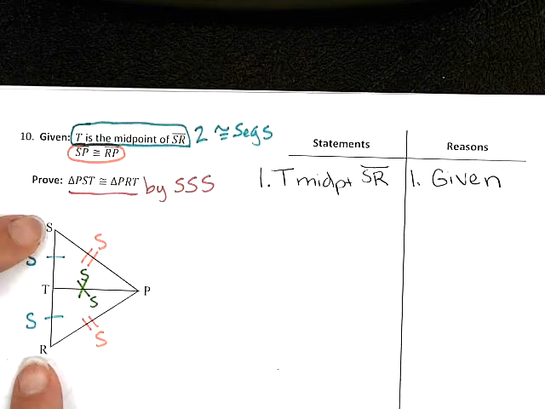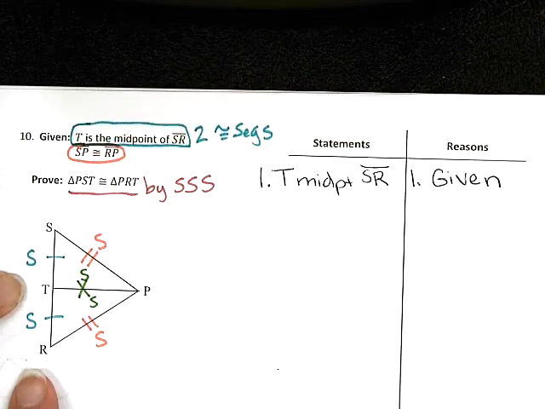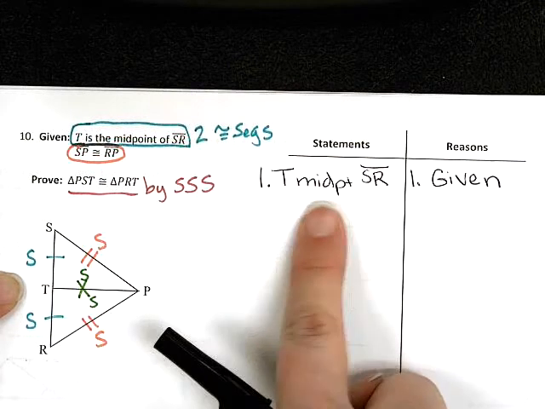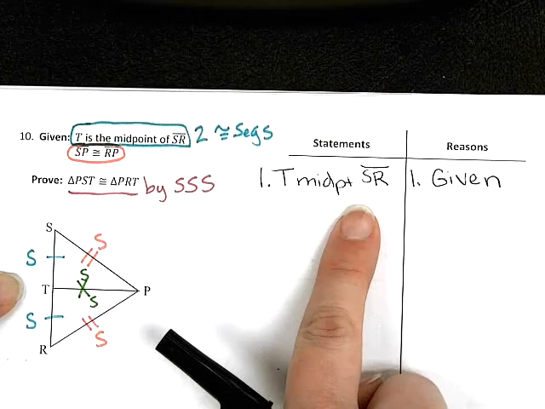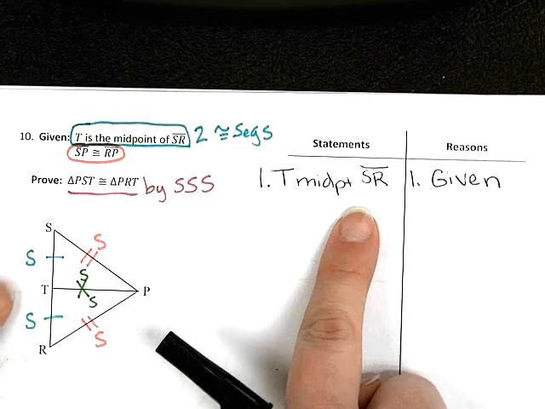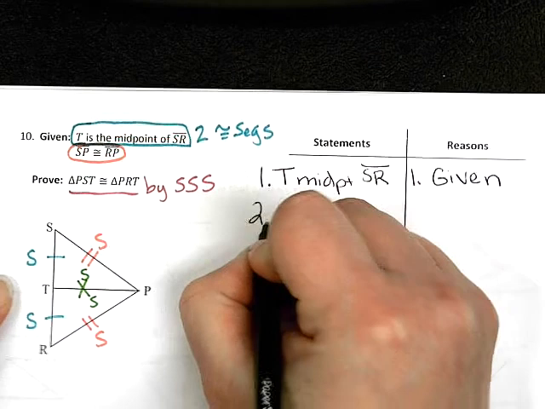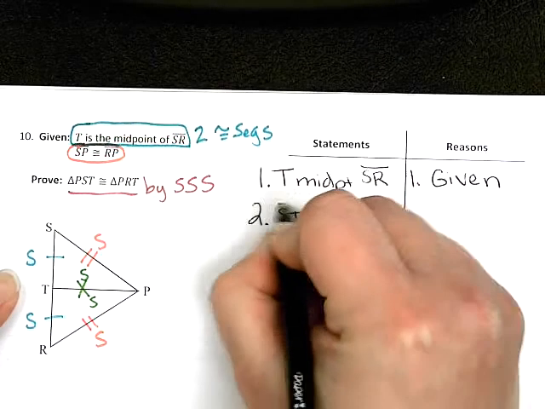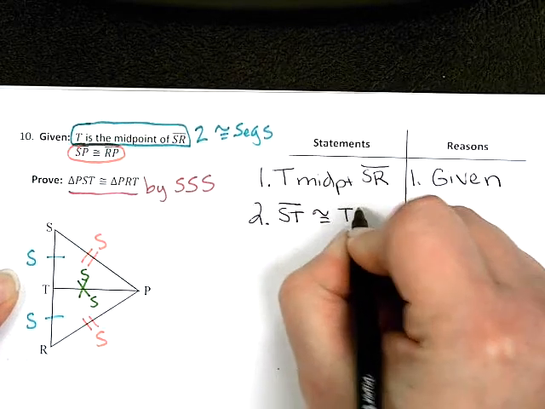We marked that ST is congruent to TR. So before I even write my other given, I'm going to write that. Because T being the midpoint, yeah, that's cool and all, but how did that help me with anything? It helped me mark these 2 congruent segments. So I'm going to jump to that right away. ST is congruent to TR.